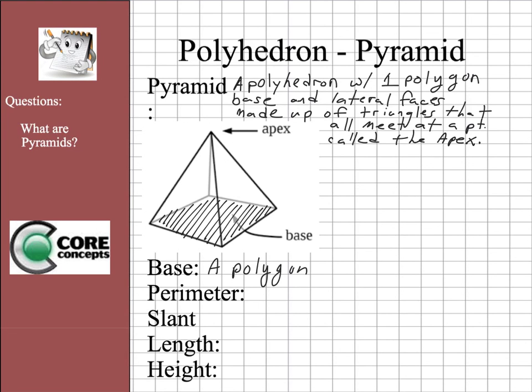Even if it itself is a triangle, right, it is opposite, the base is always opposite of the apex. And our core concept, again, is that the pyramid is named after the base. Okay, so if we have a square, then it's a square pyramid. If it's a rectangle, it's a rectangular pyramid. If it's a triangle, it's a triangular pyramid. If it's a pentagon, it's a pentagonal pyramid.